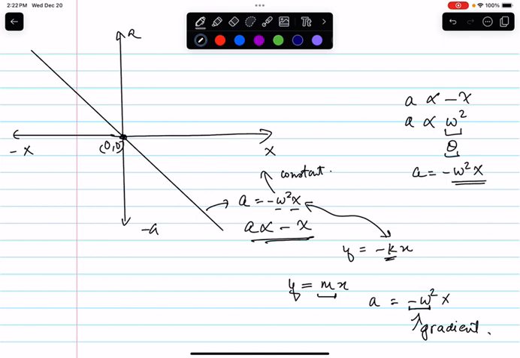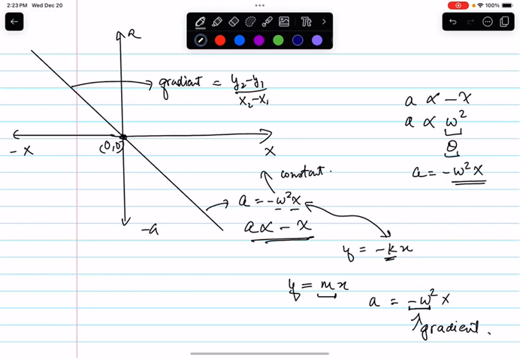Sometimes they can give you this graph in exams. And if they give you this graph in exams, the way you can look at it is that you can simply find the gradient. They'll give you some points of acceleration and displacement. So you can just say that the gradient in this case is y2 minus y1 by x2 minus x1.